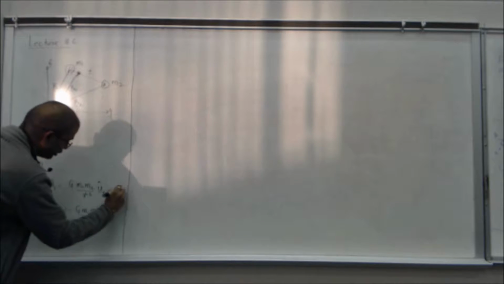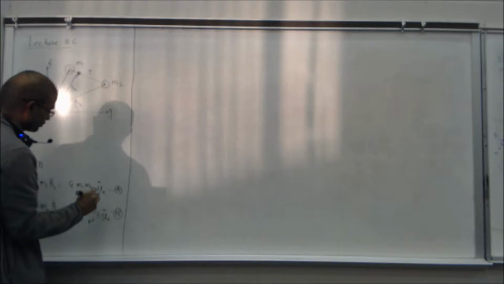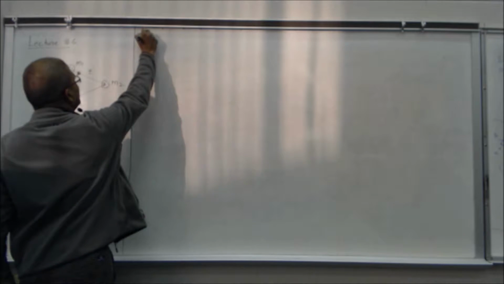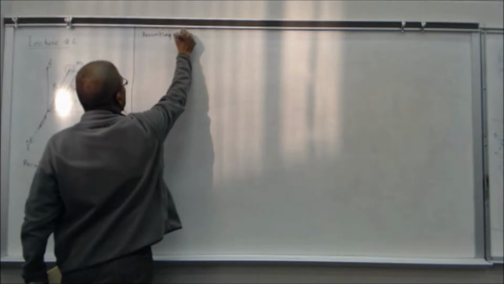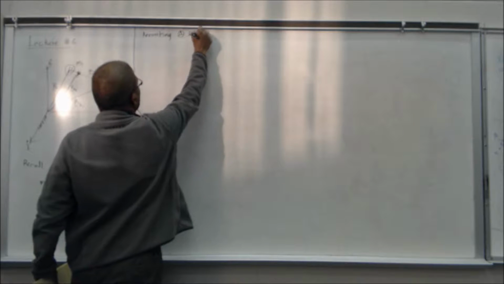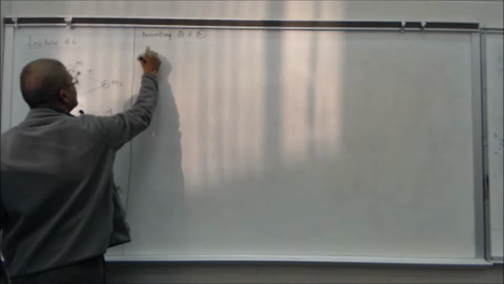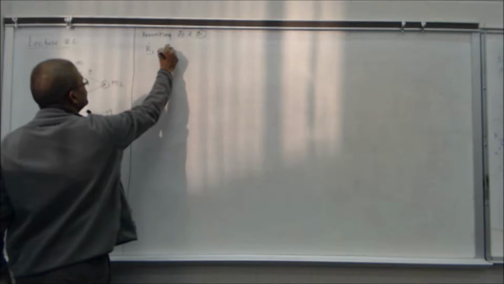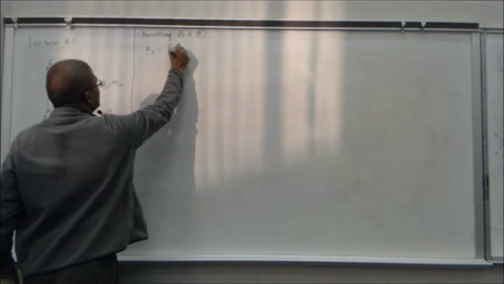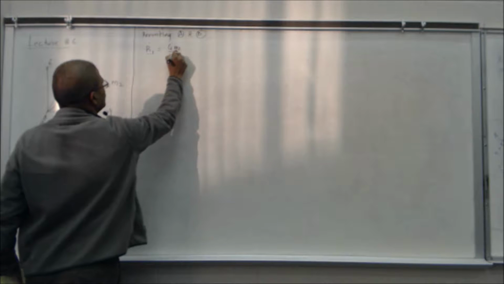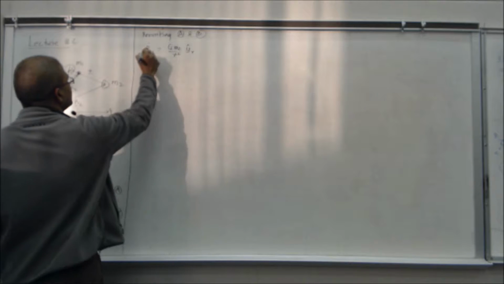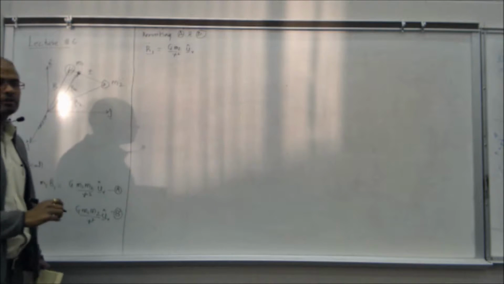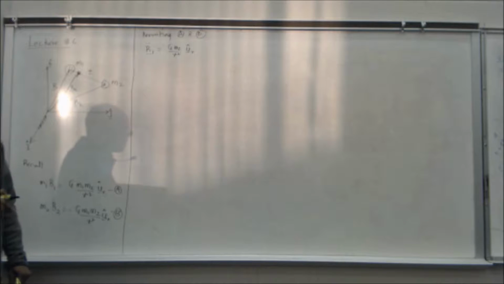So you have this, let's call this A and B. So rewriting A and B, we have R1 double dot is equal to G M2 over R square UR. Correct? So what I did was divide the whole equation by M1.